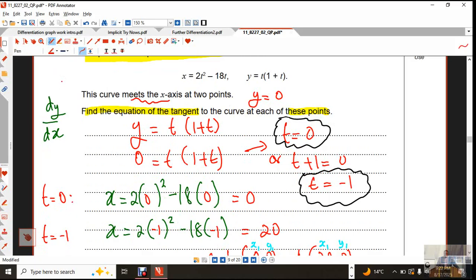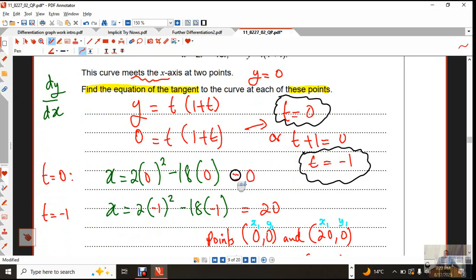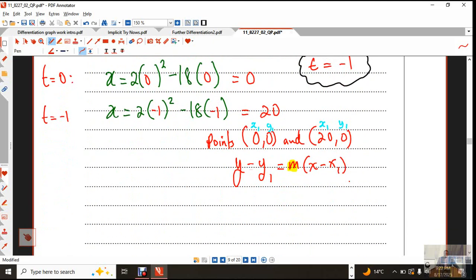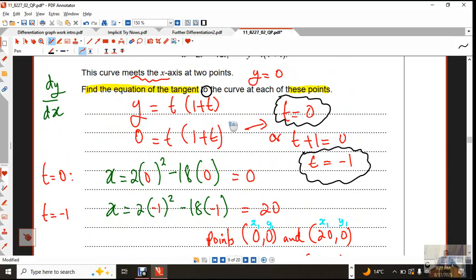Okay, right, so find dy/dx. How do we then find dy/dx? In order for us to find dy/dx, let me just write down what x is equal to again. Now x is equal to 2t squared minus 18t. Just remember it from here.